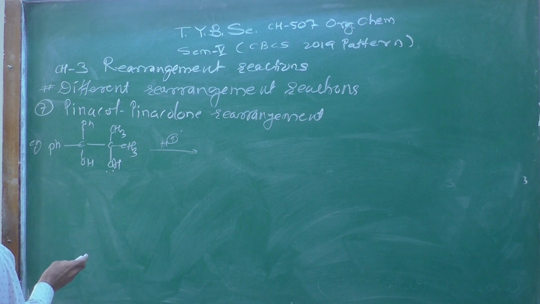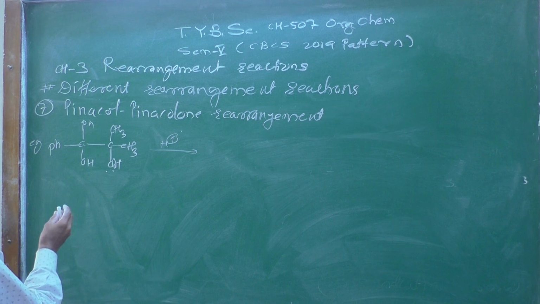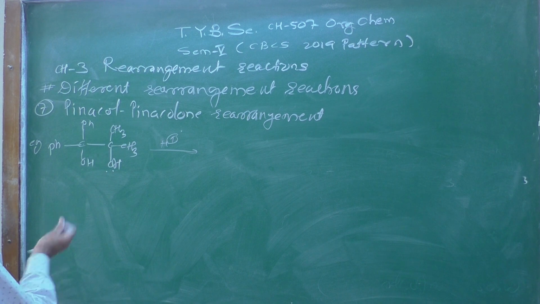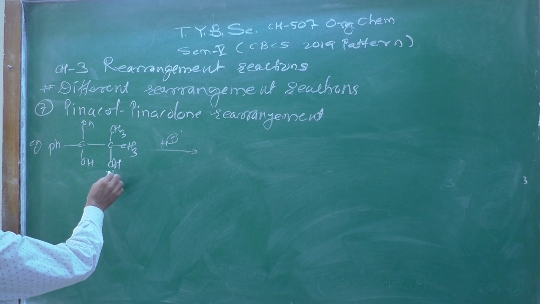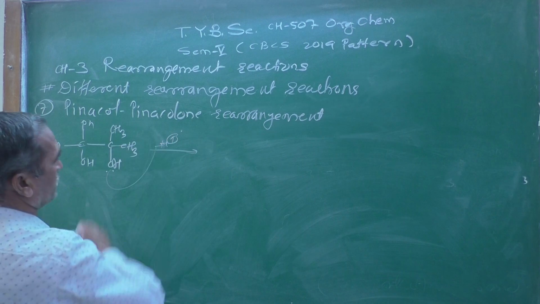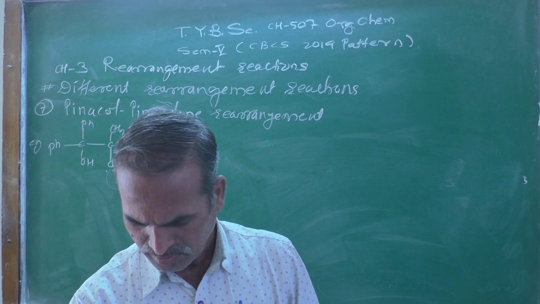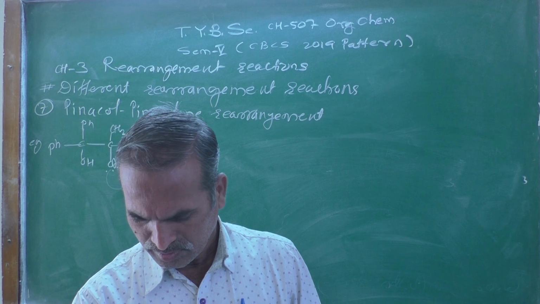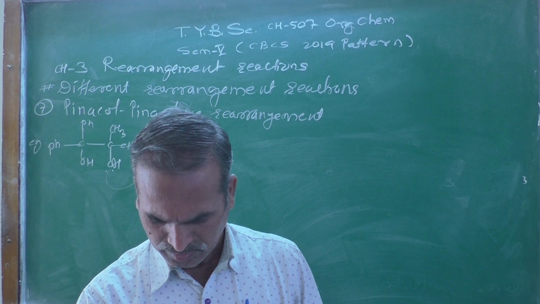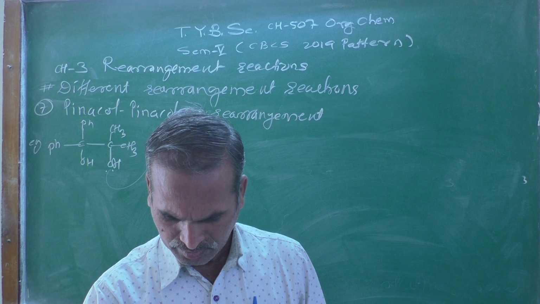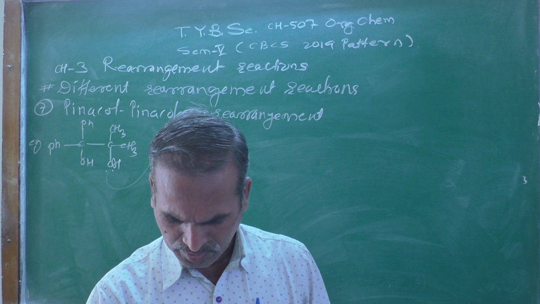The lone pair which is present over here is going to attack here, giving the less stable carbocation.